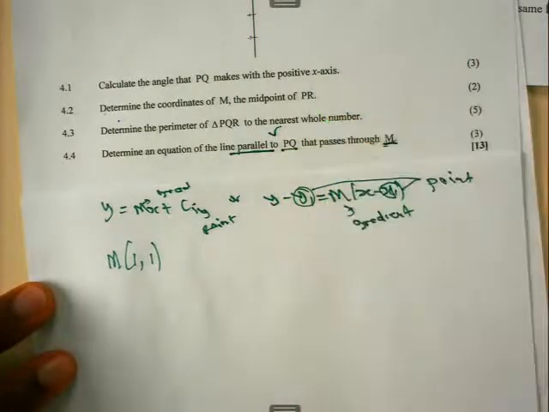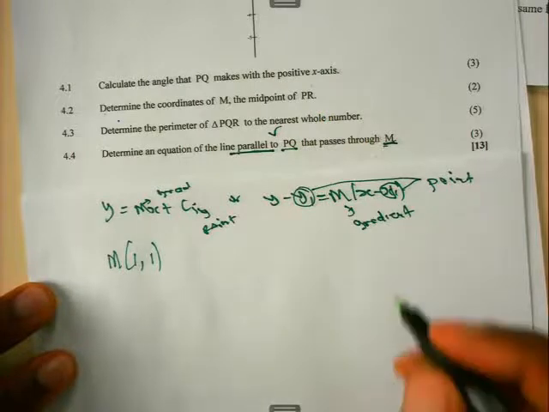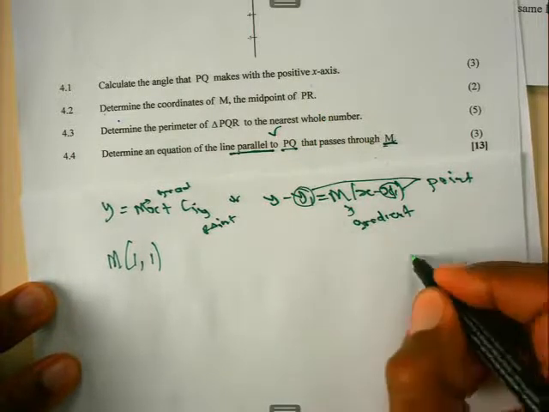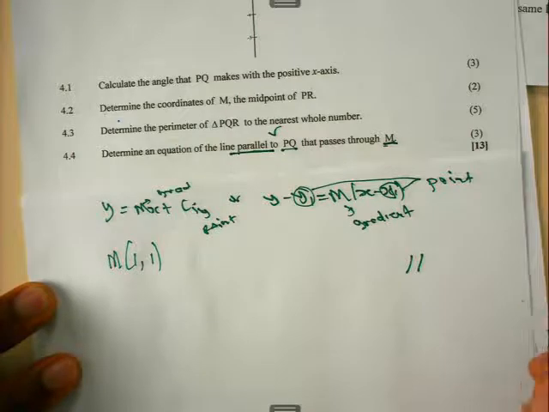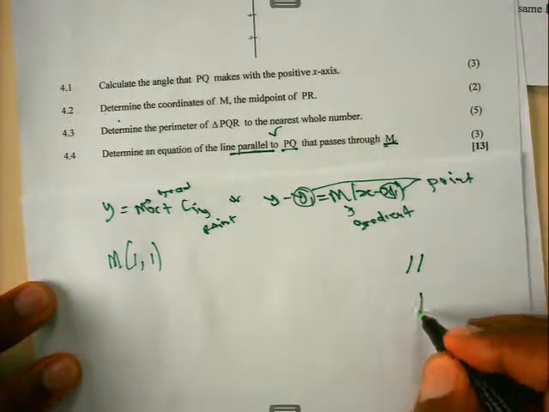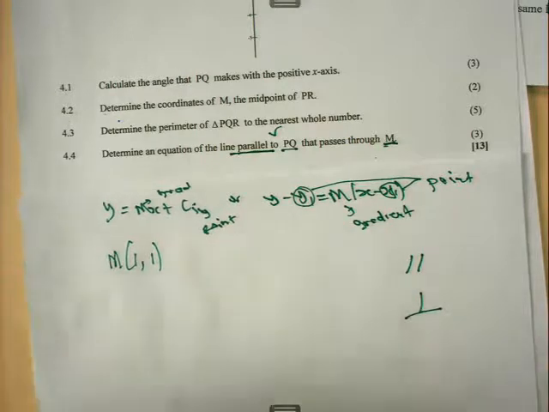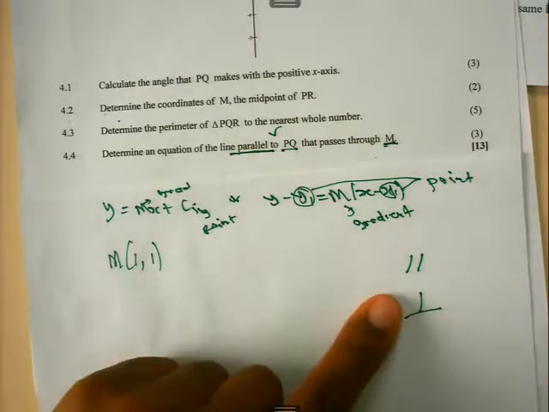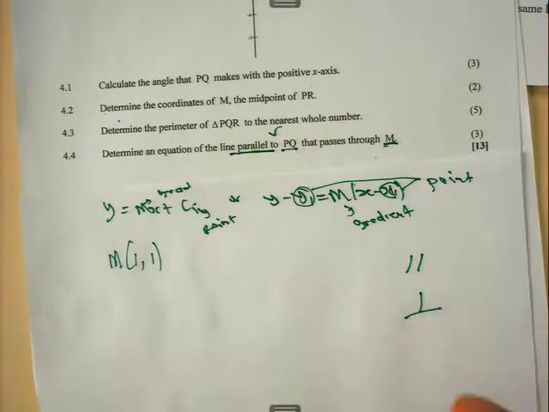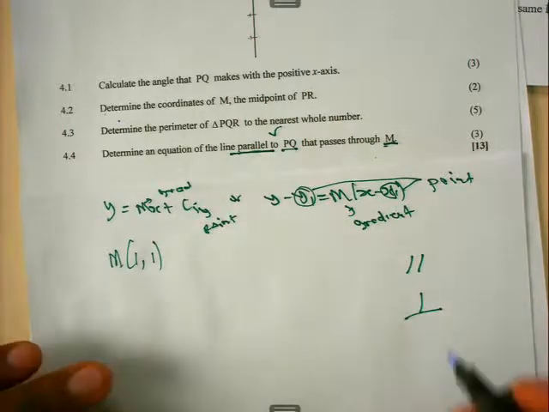But in case where you have 1 point, then you must check the following. They will mention to you that this line is parallel, or if they don't say parallel, they will say it is perpendicular. Now, to determine the gradient of the parallel line as well as the perpendicular line, what is it that you need? You remember for parallel lines, they have the same gradient.